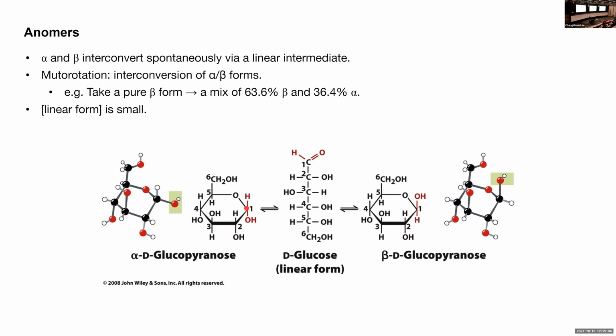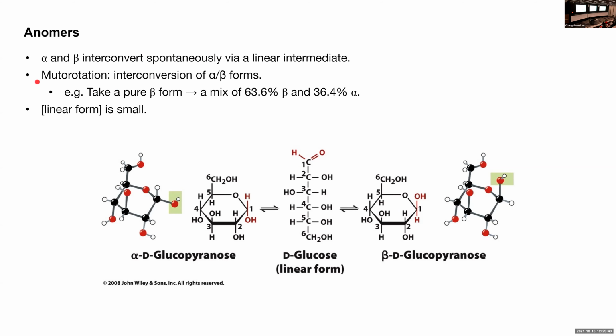It will never just rotate and shift the hydroxyl from up to bottom, because it's pretty stable there. It would have to use a lot of energy to turn, because it's a bulky group, right? So you would experience a lot of steric clashes if you wanted to just turn it over. So instead of doing that, you just break the link and go back to the linear form and then go to the other anomeric form, basically alpha to beta. And again, this is a spontaneous process.